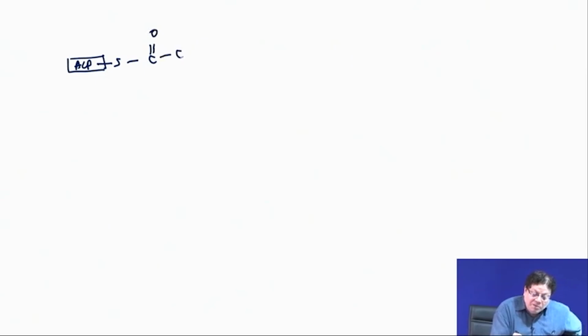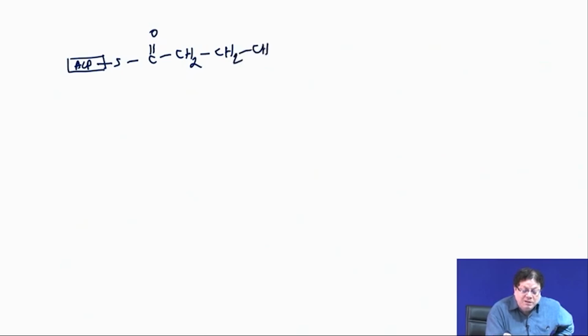So, now we know that after the Claisen condensation, if the ketoreductase, dehydratase and everything is present, then we will end up with butyryl coenzyme A. This CH2 was earlier CO.